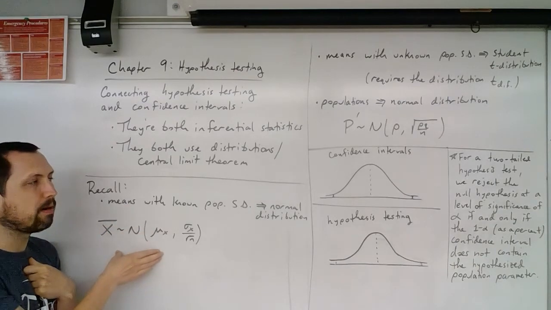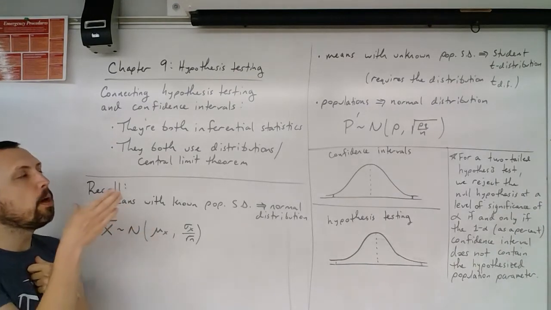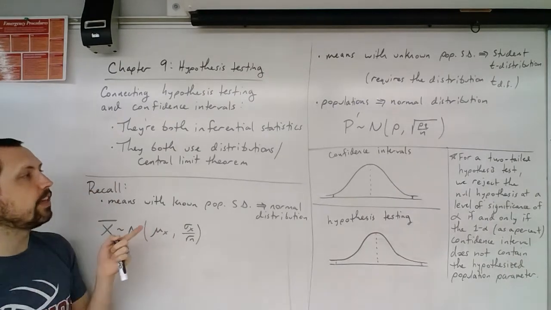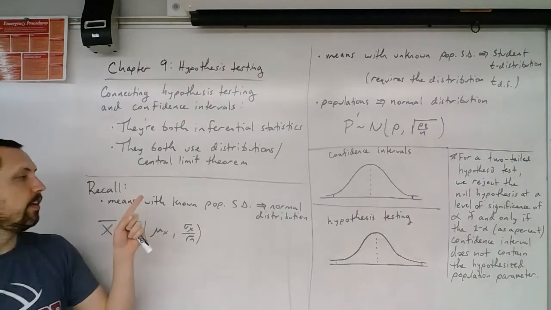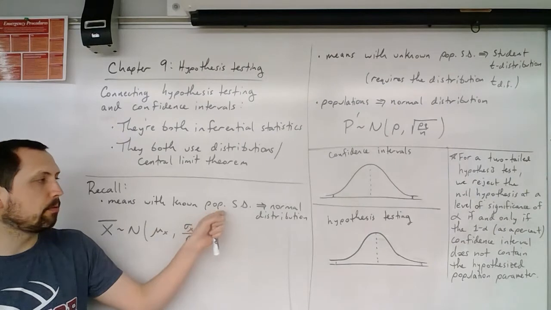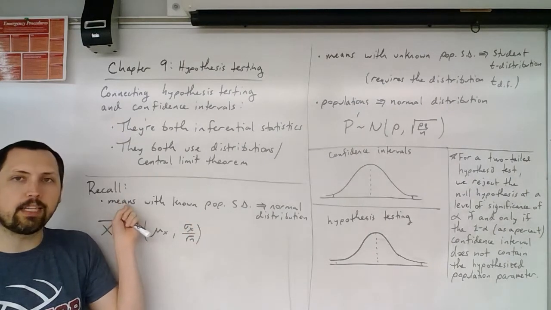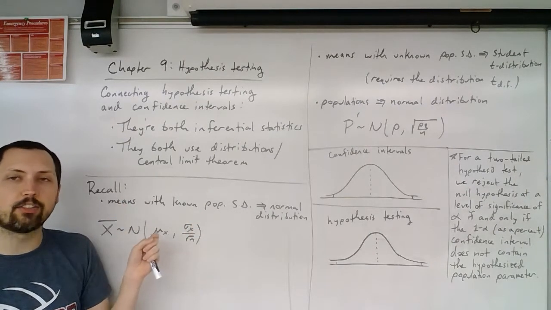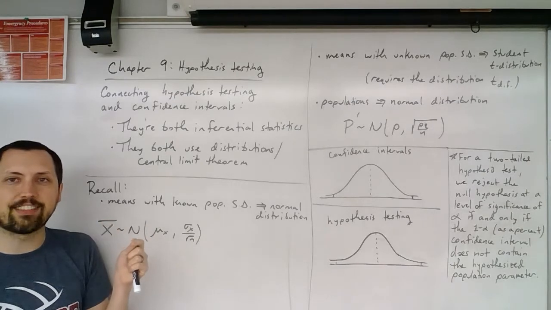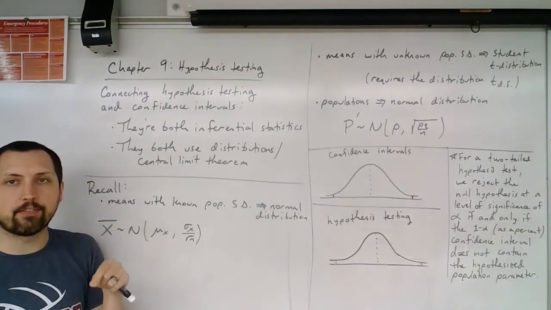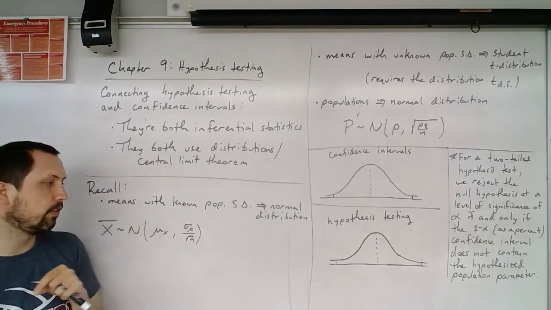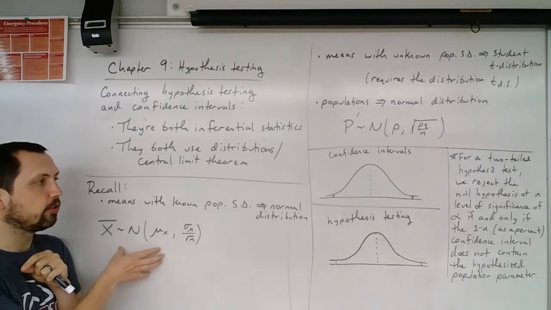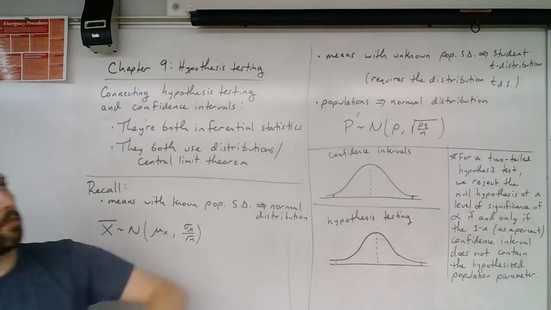This is going to be behind the scenes of both the confidence intervals when we have known population standard deviation and we're looking at means, and it's also behind the scenes for hypothesis testing for means when we have a known population standard deviation. So this is the distribution underlying both of them. Same thing up here.